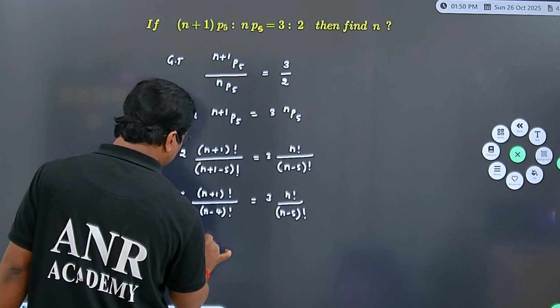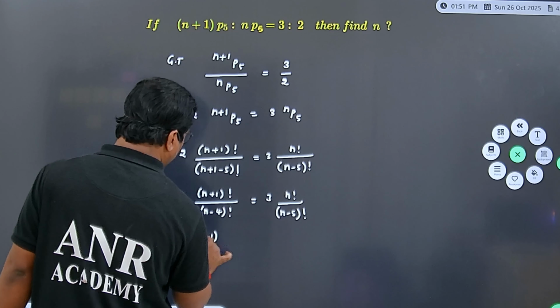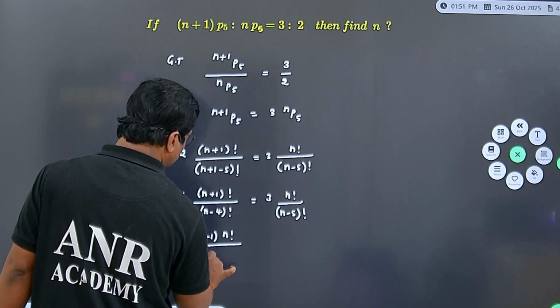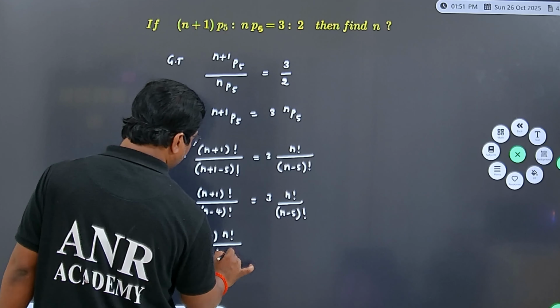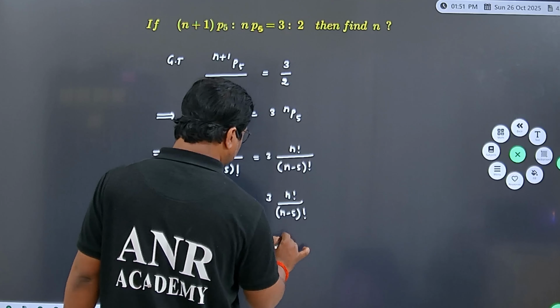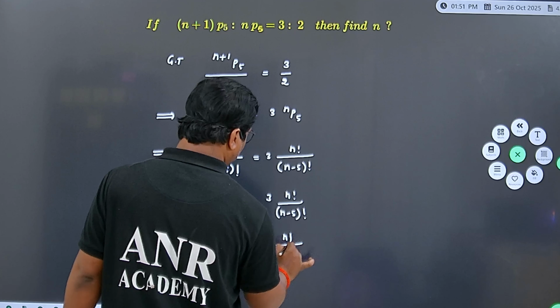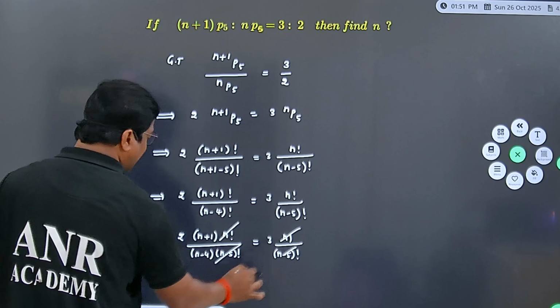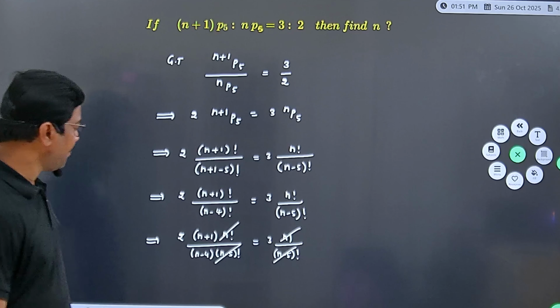You can write (n+1)! as (n+1) into n!. The denominator can be written as (n-4) into (n-5)!, and in the right hand side it is 3 times of n! by (n-5)!. n! and (n-5)! get cancelled.